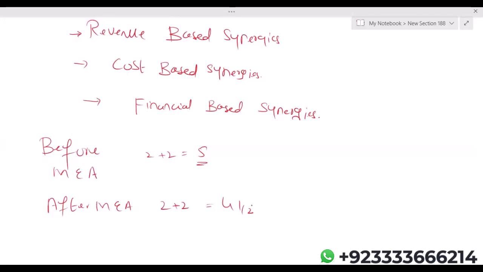Why does it result in a demerger? Number one reason is overestimation of synergies. When you overstate the synergistic benefits and actually you're not going to achieve them, it creates the problem. Another reason of demerger is cultural clashes. So these are the reasons why the world has seen so many demergers also.